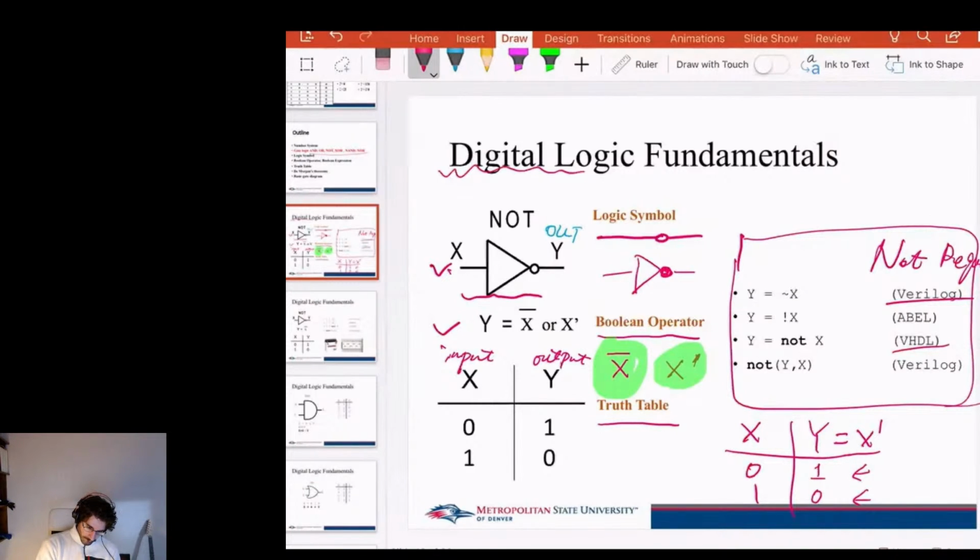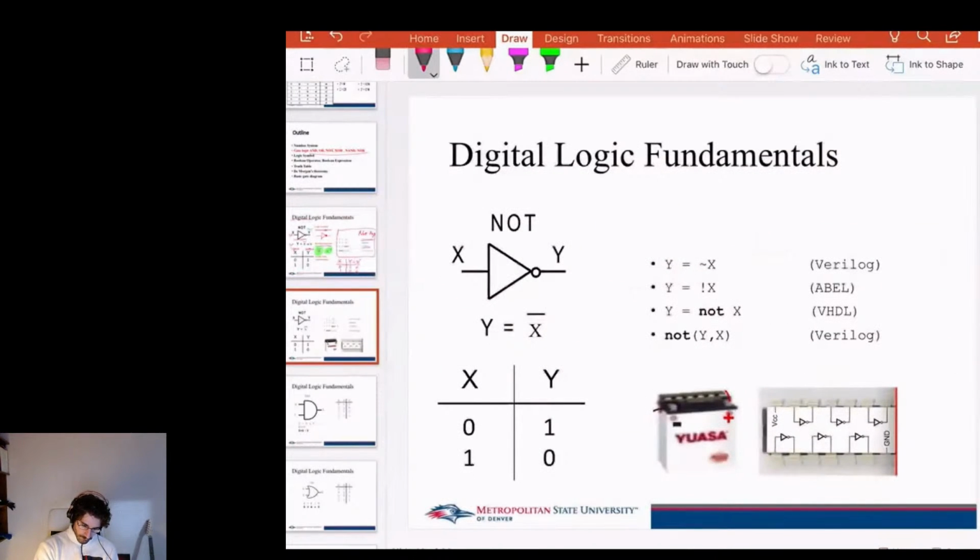So this is about NOT logic, and how this is in your real world. As in the figure I showed you from the YouTube website at the beginning of this video, you see those kinds of IC chips everywhere in your daily life.